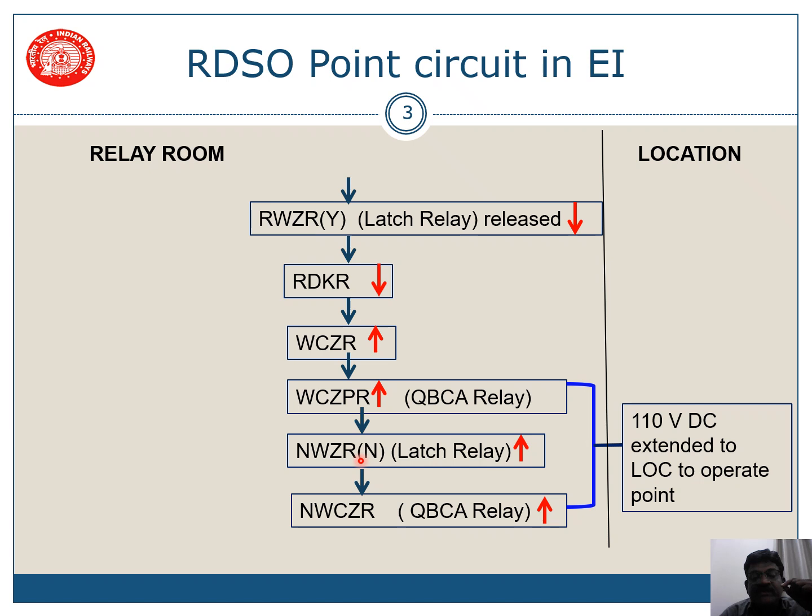Then NWZR, this is a latched relay, also picks up. And finally NWCZR, this is also a QBCA relay, also picks up. Because of these two QBCA relays picking up, 110 volts DC is extended to location.